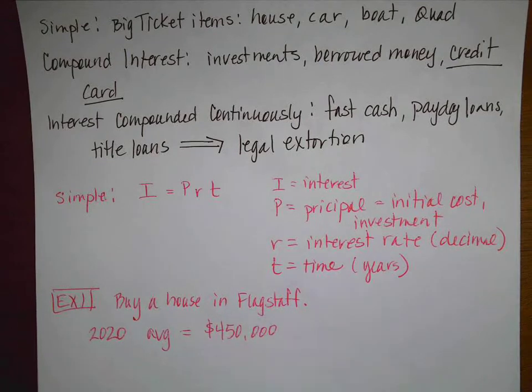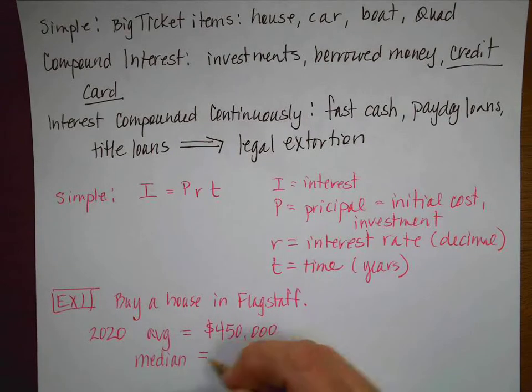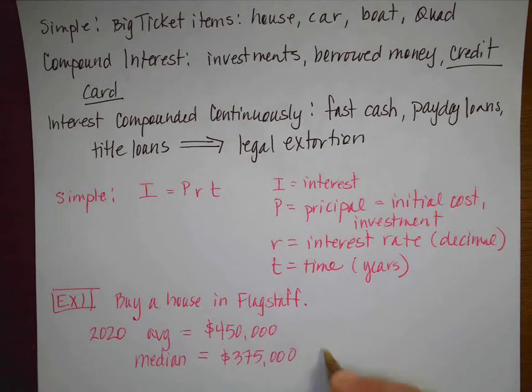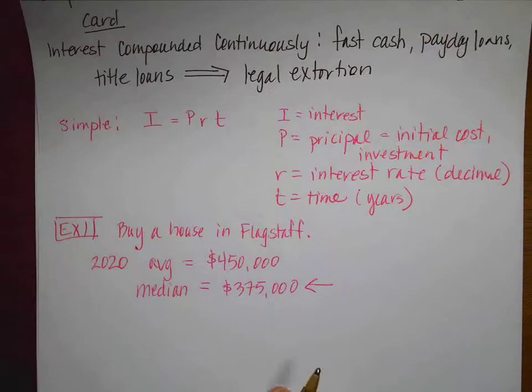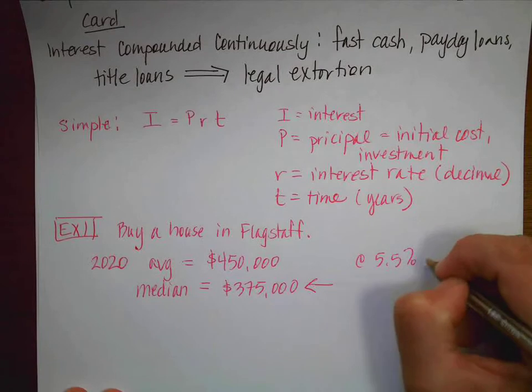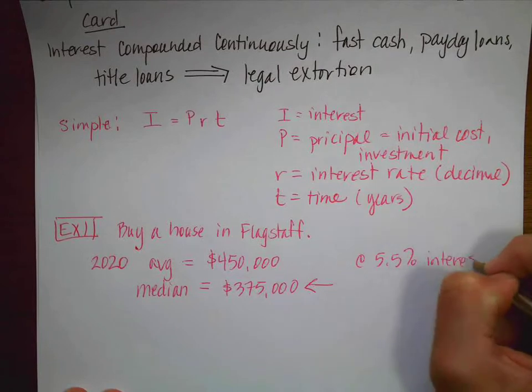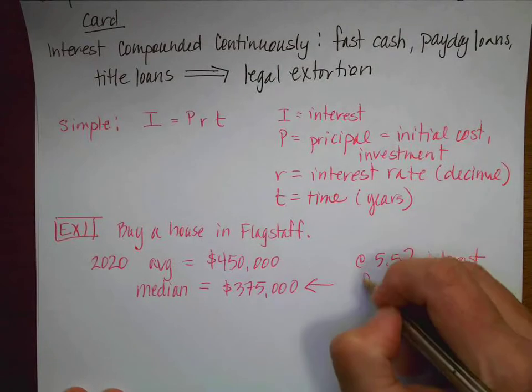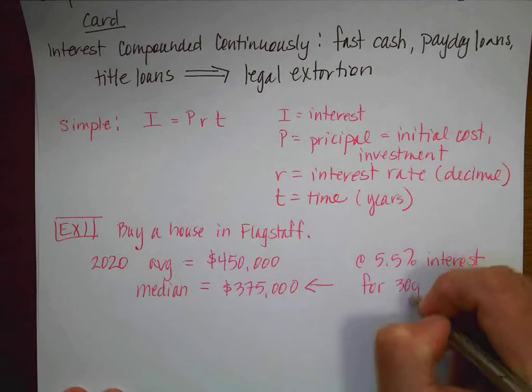Remember, it's poverty with a view. And then the median, remember that's the middle value, is about $375,000. We're going to do this one because this is a little bit more for normal people. We're going to buy our house at 5.5% interest, which is a fairly decent interest rate, and we're going to do that for 30 years.